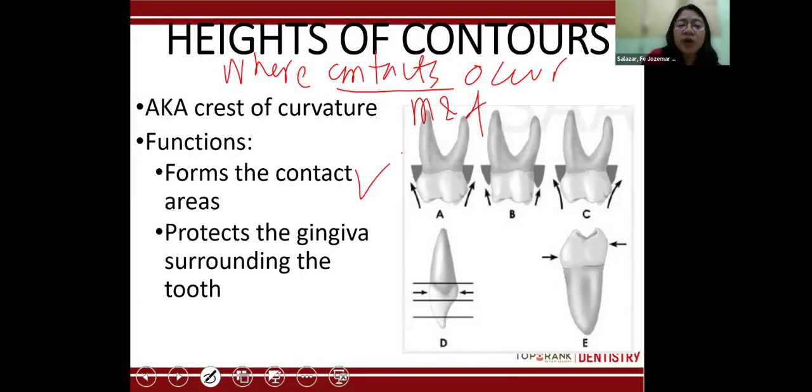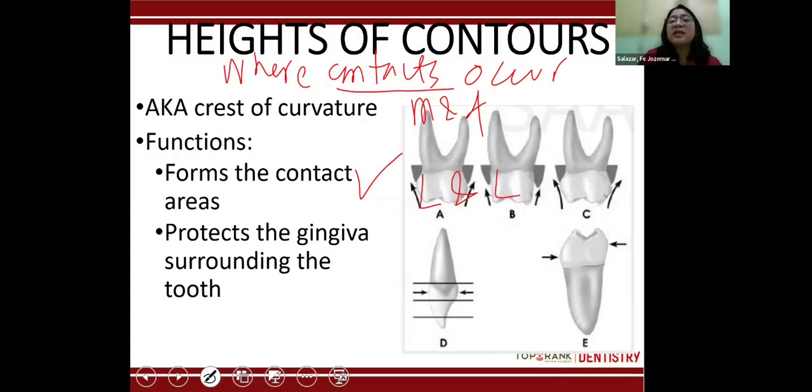So they form the contact areas and they protect the gingiva surrounding the tooth. Now, ang height of contour can be found not only on the mesial and distal. Meron din kayong labial at lingual. Tama? So halos lahat ng surface except occlusal and incisal may height of contour.